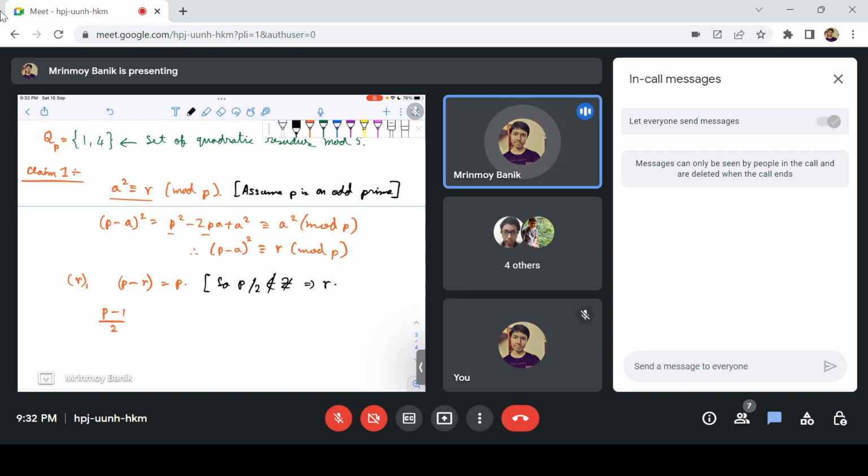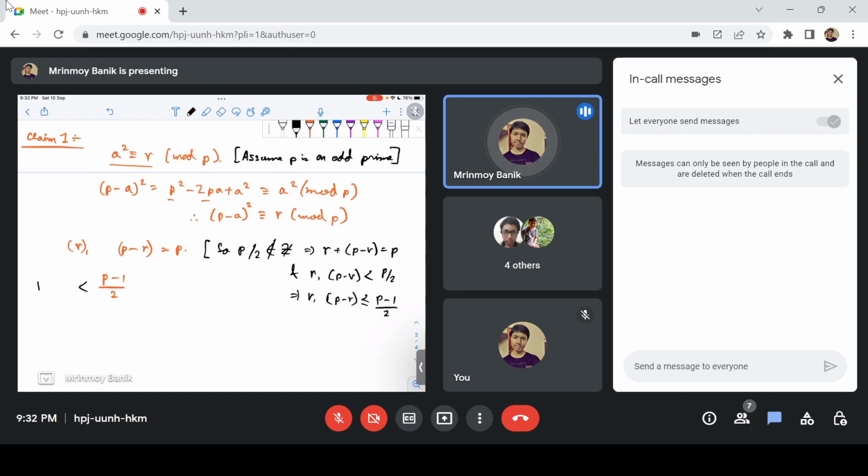This implies r plus p minus r is equal to p, right? And r and p minus r are strictly less than p by 2, which implies r and p minus r are less than or equal to p minus 1 by 2.